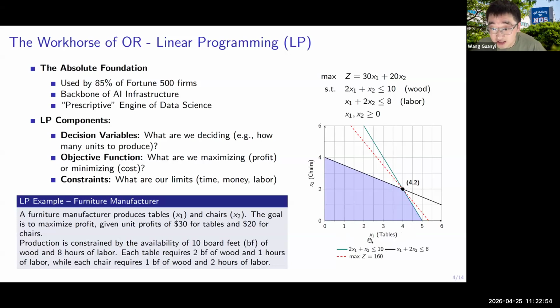You can check that if x1 equals 4, and you move a little bit to the green line, you see that the green line denotes the point 4 and 2. And when you compute it, it's 2 times 4 for x1 plus 2, which is exactly equal to 10.